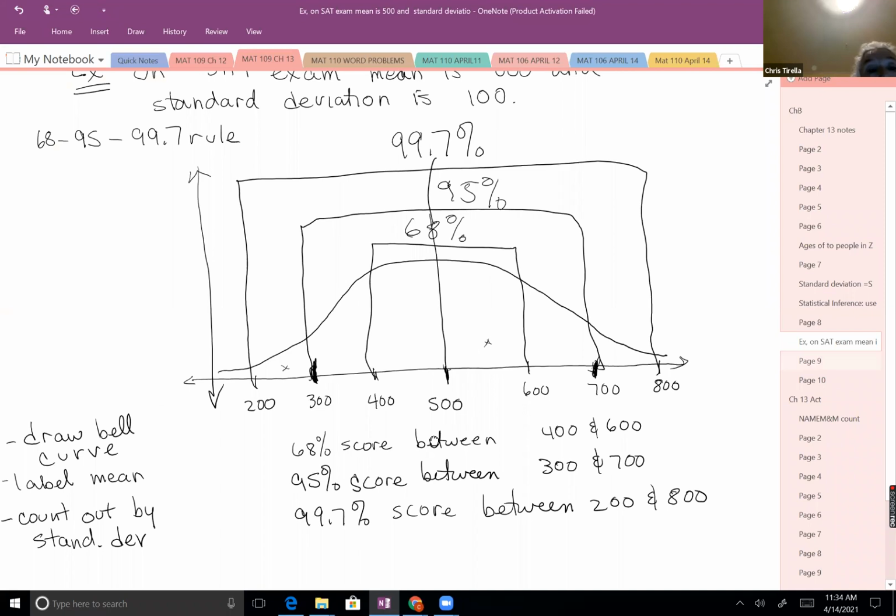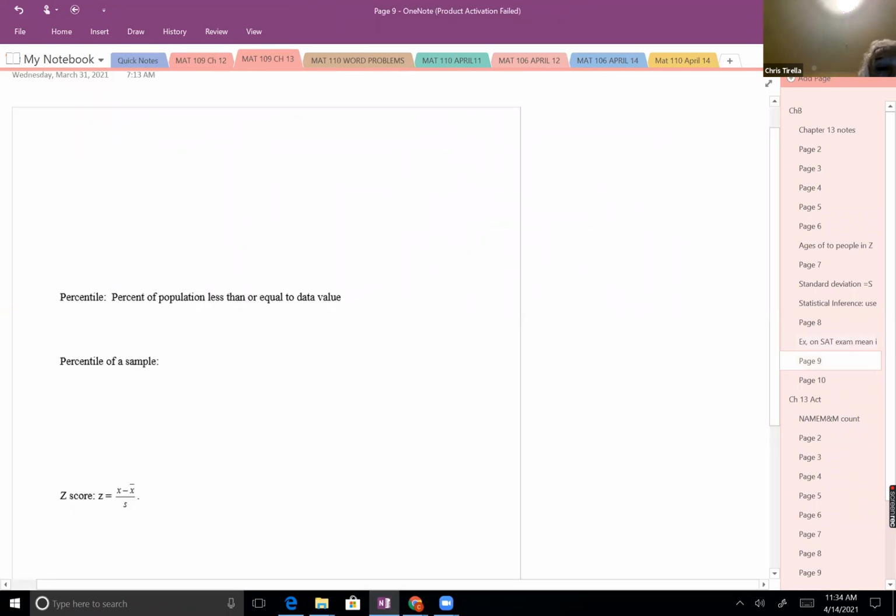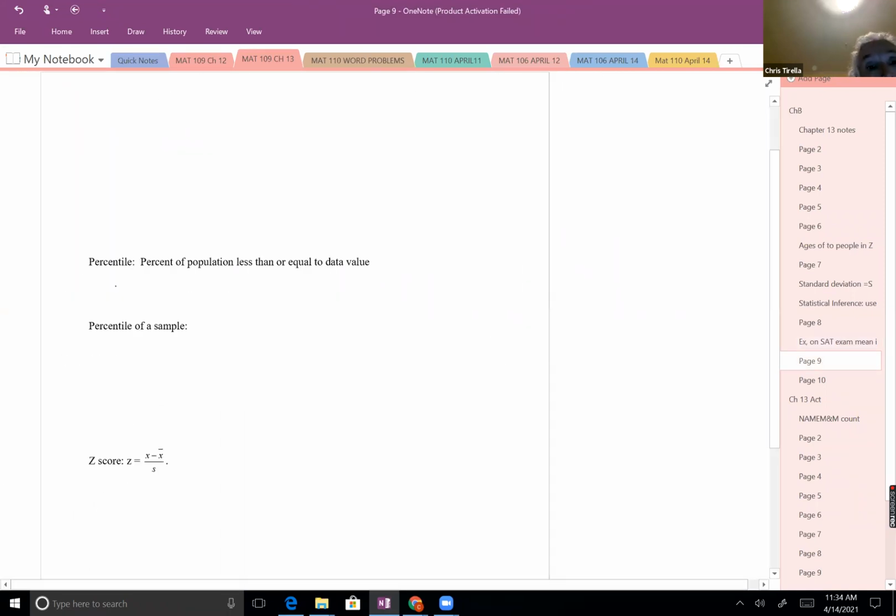So then the next thing that we're going to look at is percentile. Has anybody ever heard of percentile? The percentile is the percent of the population less than or equal to the data value.